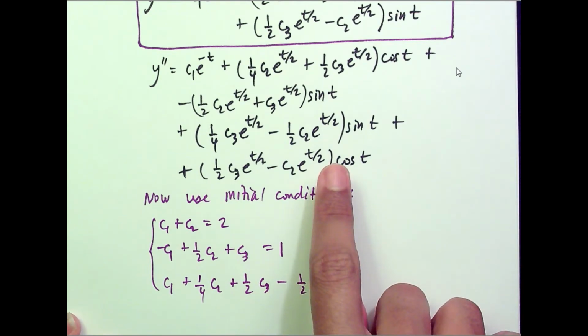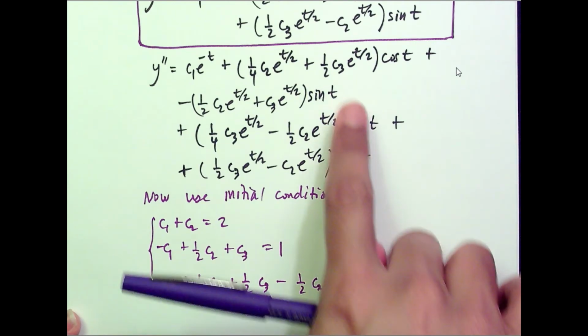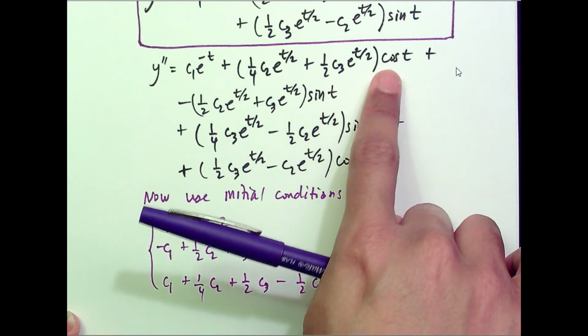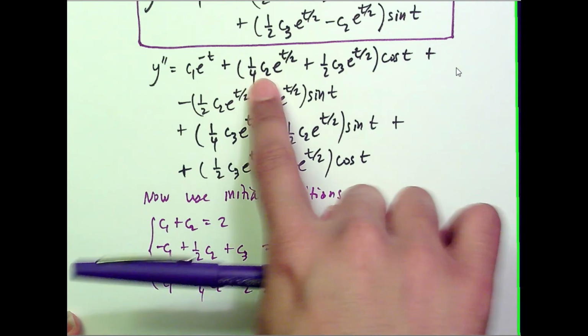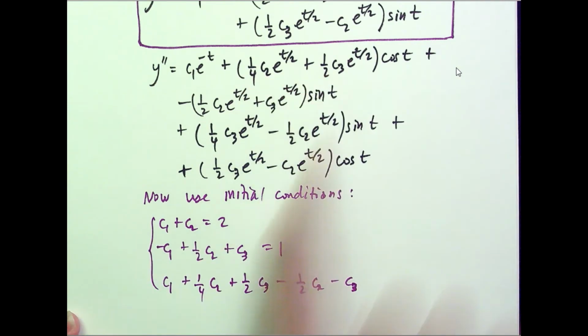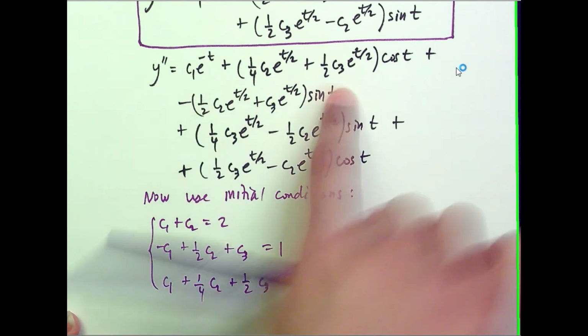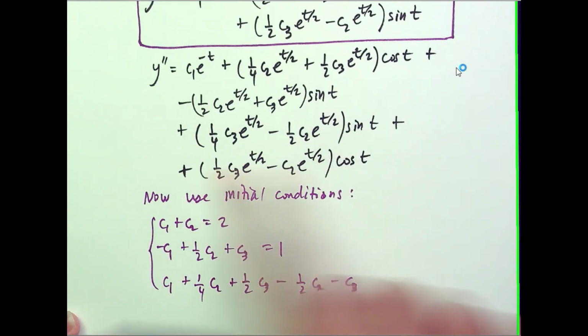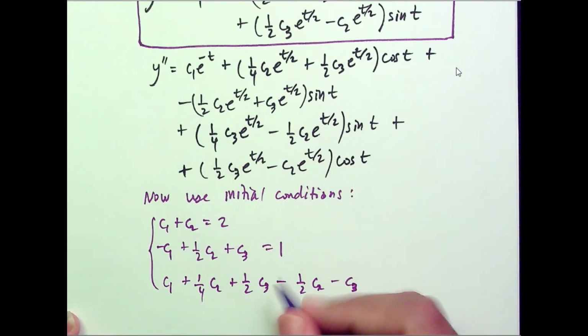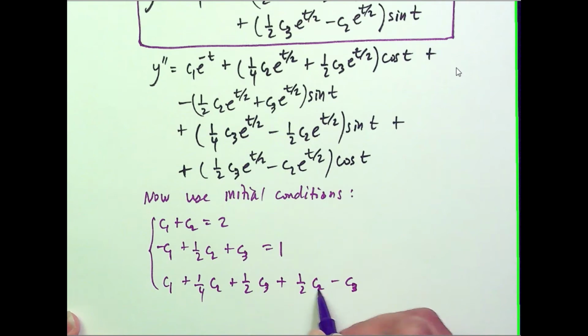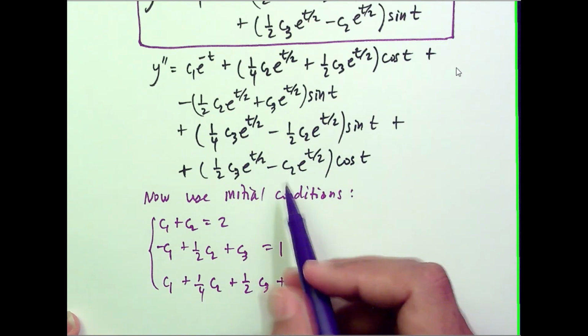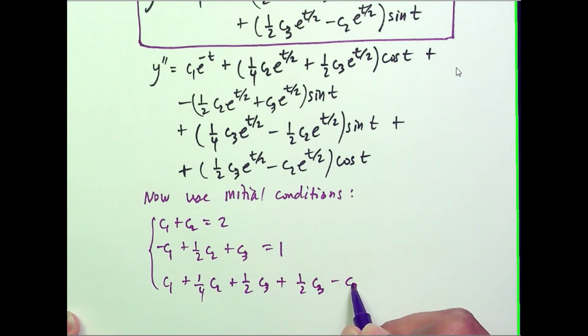Oh, no. Wait a minute. That's a mistake. You get this one, 1/4 c2 plus 1/2 c3, but then this goes, that goes. What we're supposed to get is this one, plus 1/2 c3 minus c2.